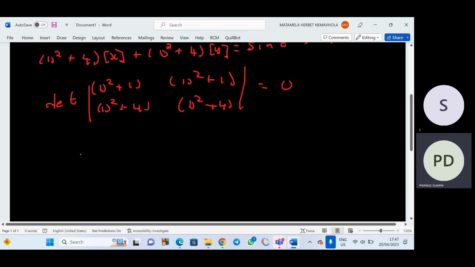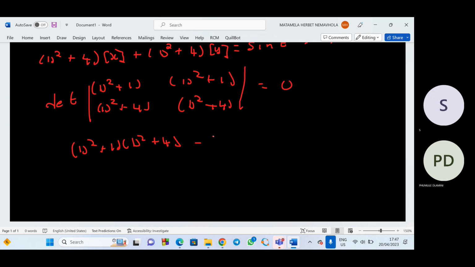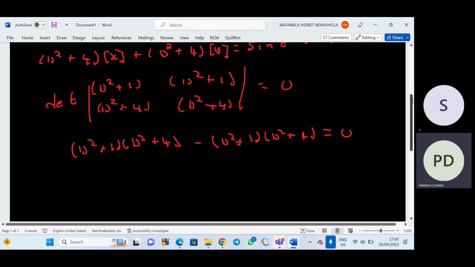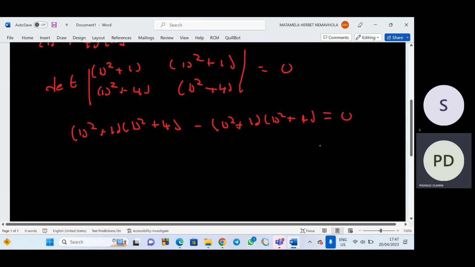So we calculate D squared plus 1 in brackets times D squared plus 4, minus D squared plus 1 in brackets times D squared plus 4, and this gives us exactly 0. When it gives us 0, it means that this system is degenerate.